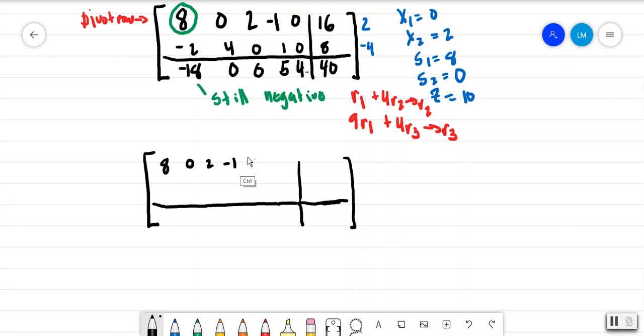Actually, let's do this a little better, because we have 16, we have 0, -1, 2, and then we have 0.